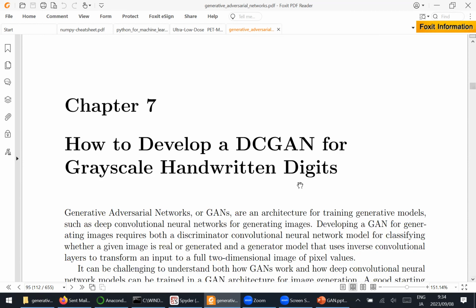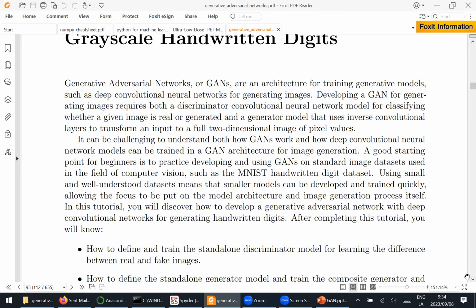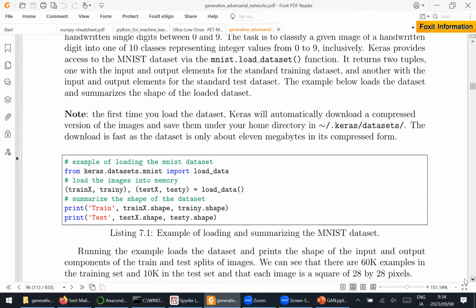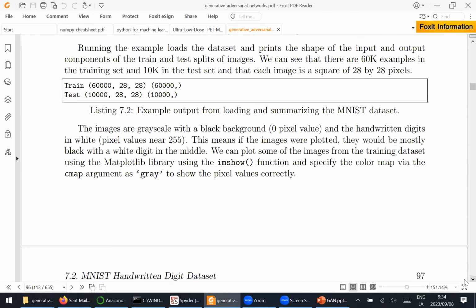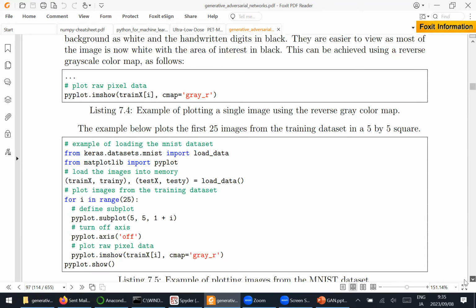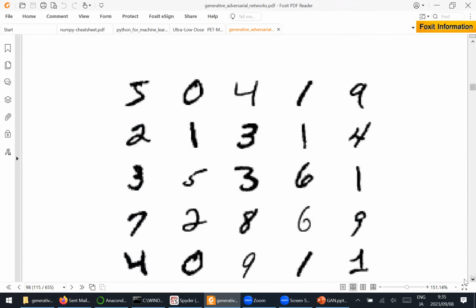Okay, so they go on to more interesting examples. The structure of the GAN is the same, but we start getting more interesting examples. For example, we've seen the numbers before.